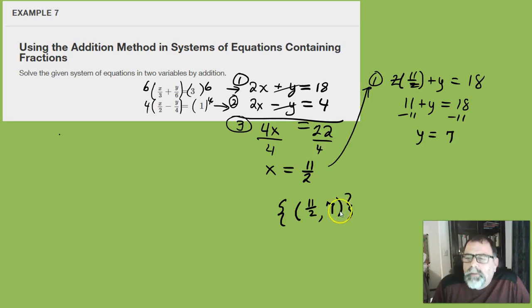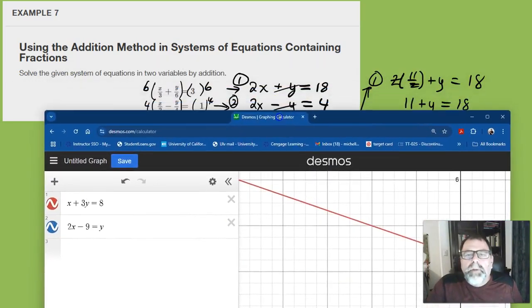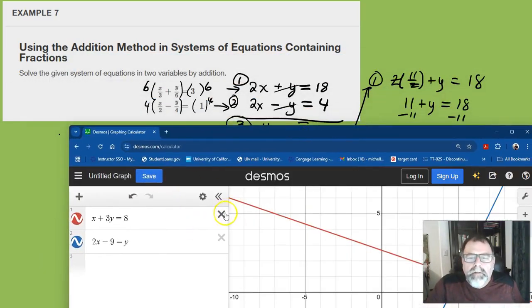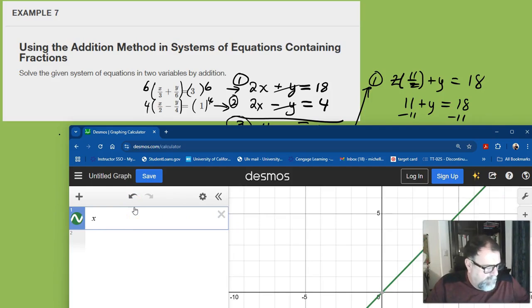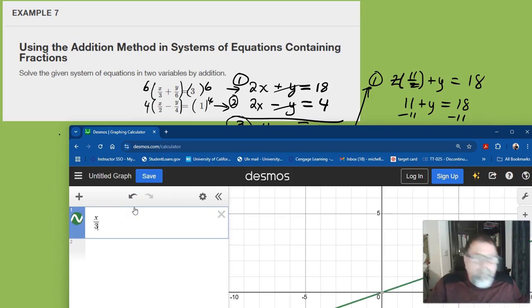You can check it with the calculator. And just to emphasize, we haven't done one on Desmos in a while. Let's put in both equations in here and see where they intersect. So we got x over 3 plus y over 6 equals 3.